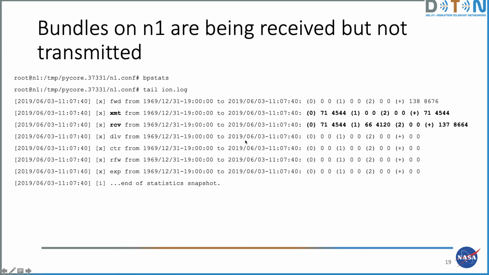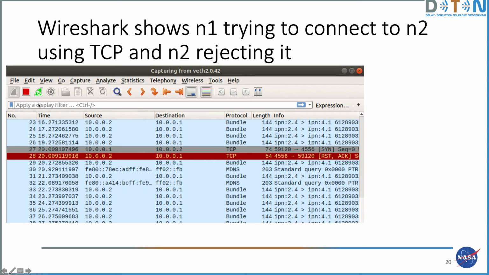And another thing that we can do, there's a utility program called bpstats that if you run bpstats, there's no output immediately to you at standard out. But what it does do is it causes ION to dump information into the ion.log file. So it dumps information in this format into ion.log.